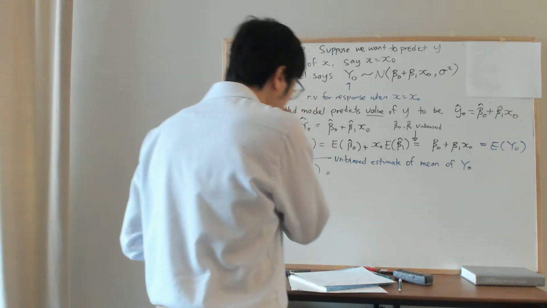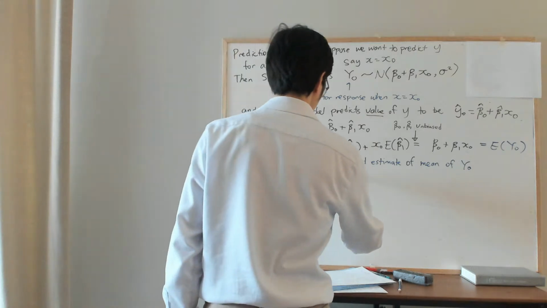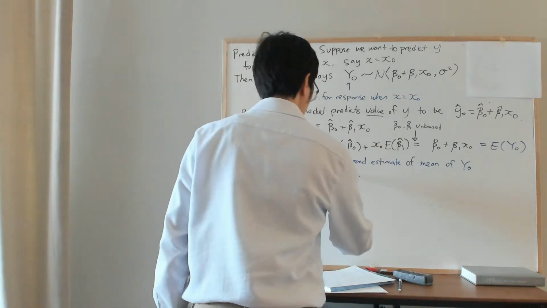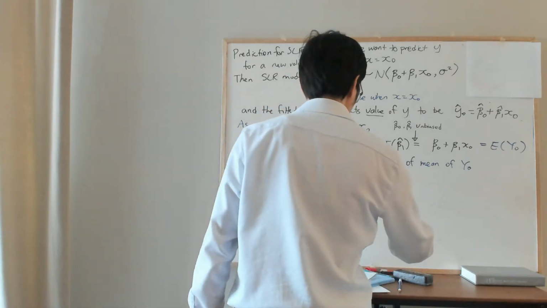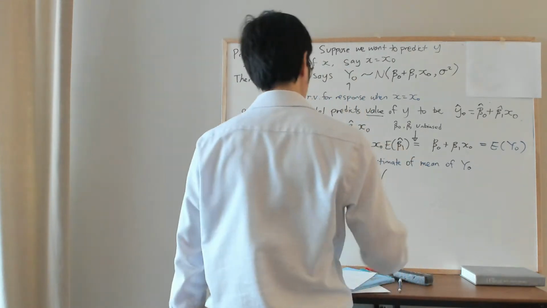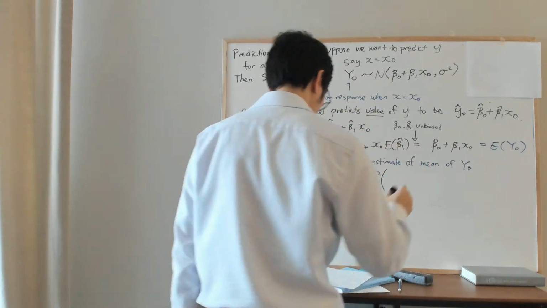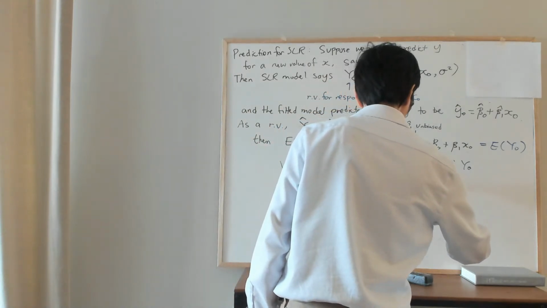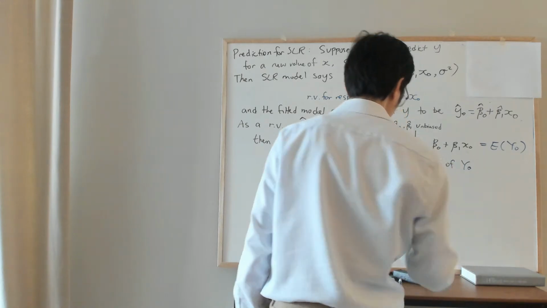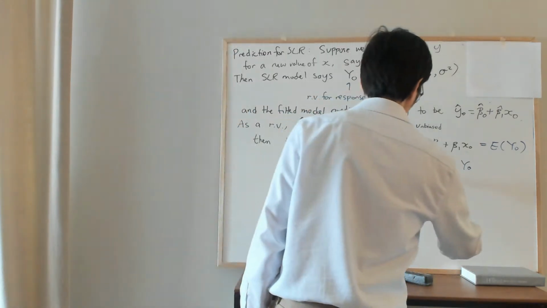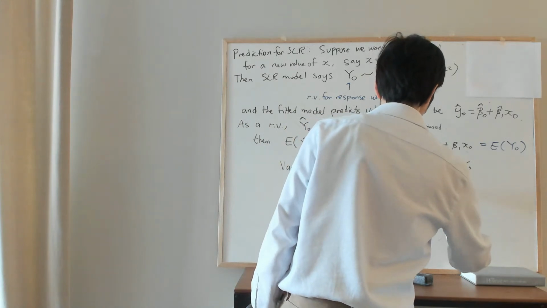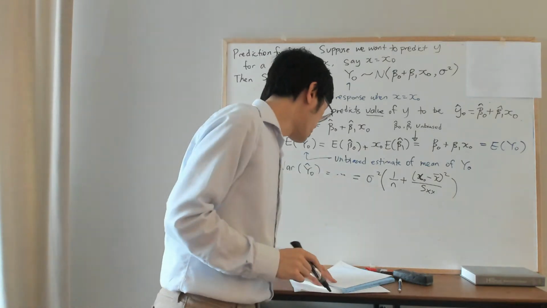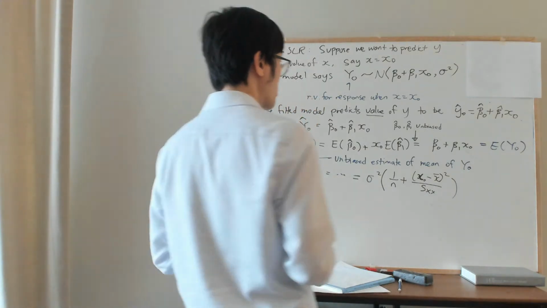So this requires some algebra. I'll give you the expression first, and then I will explain it. The final result is that this is sigma squared, and then inside you have 1 over n plus the x value at which we want to make the prediction, x0 minus x bar squared, and the bottom is the sum of squares of x.